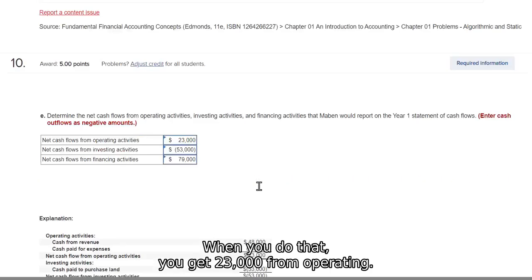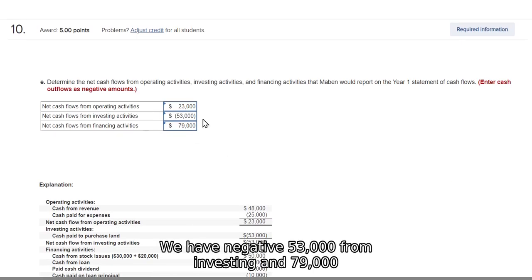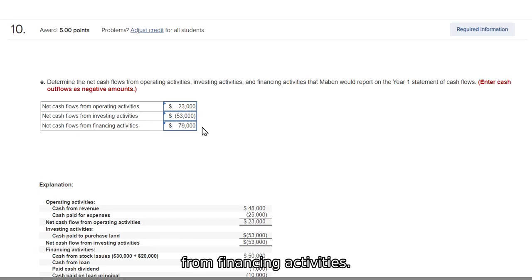When you do that, you get 23,000 from operating. We have negative 53,000 from investing and 79,000 from financing activities. Okay, this is fine. This is not a problem.